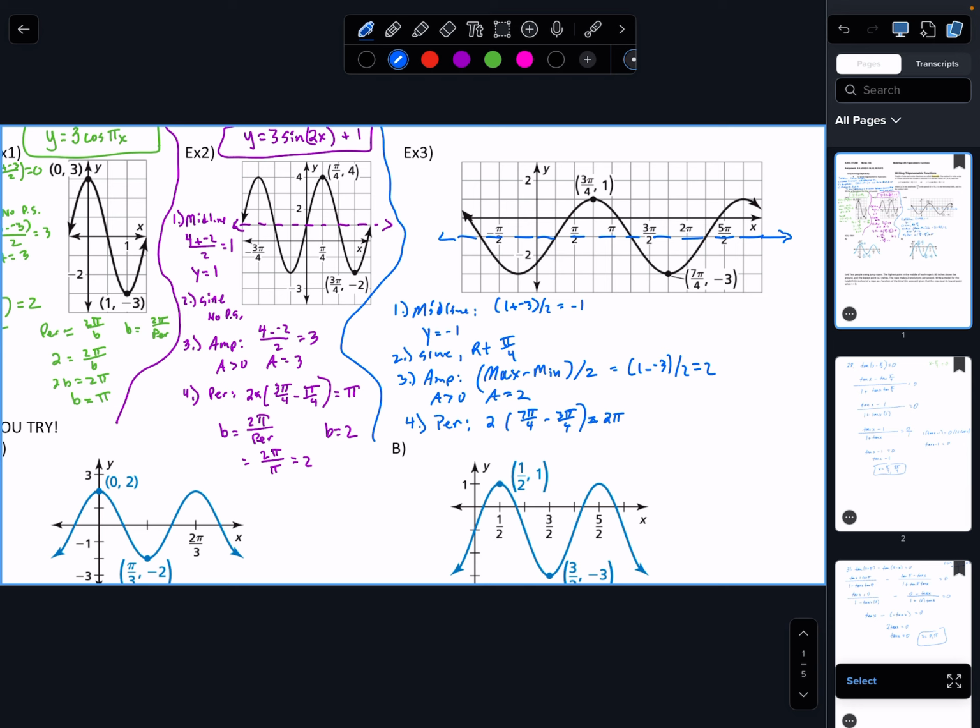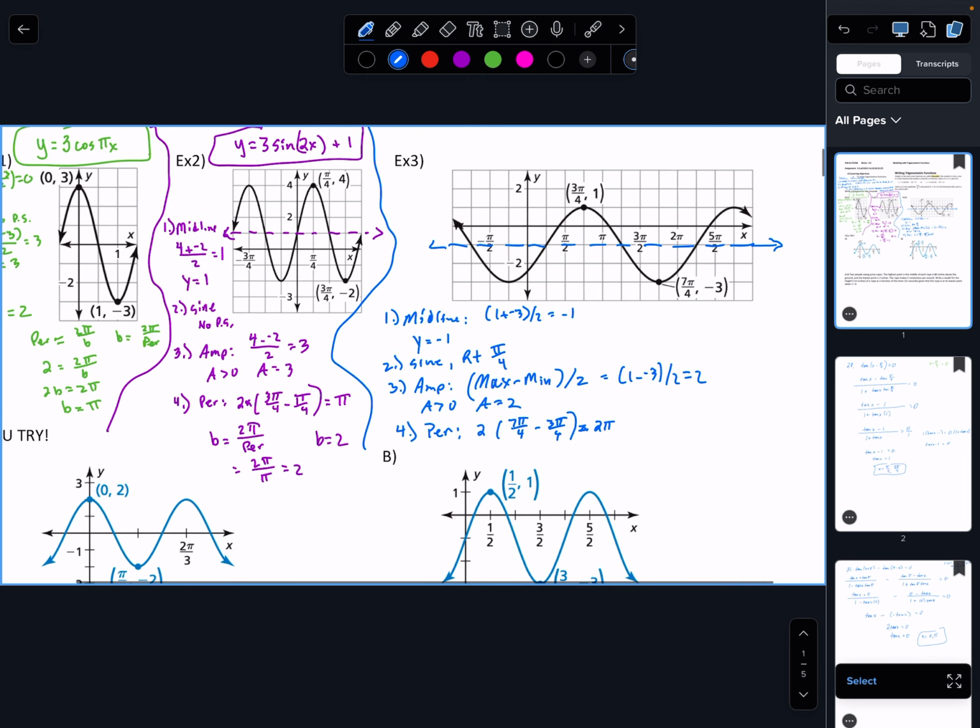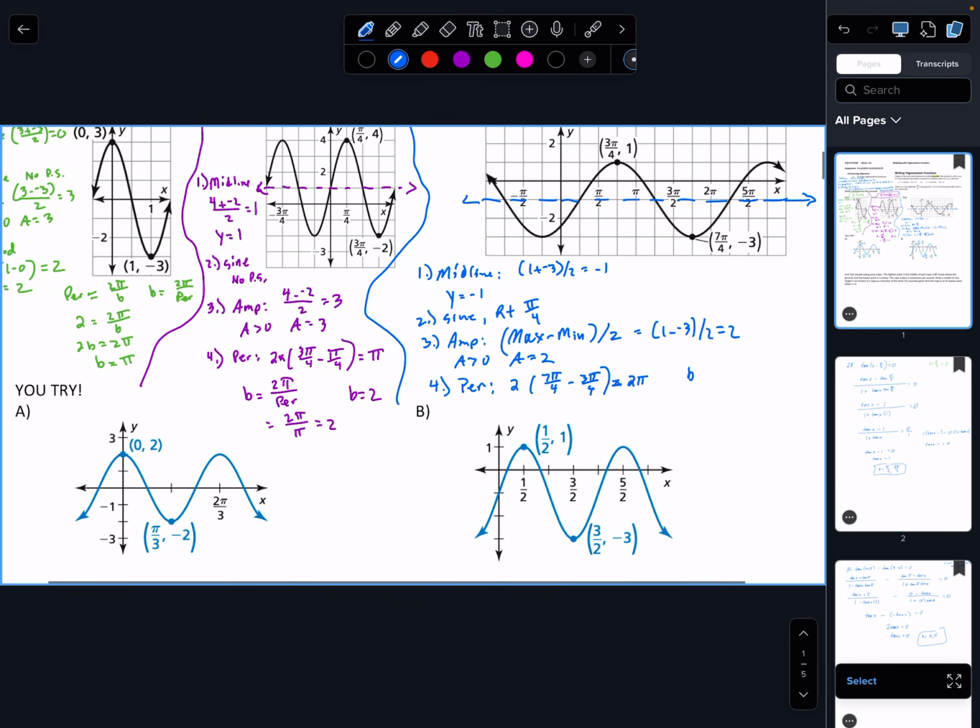Comes out to 2 pi, which is your normal period, and if you know that, b is just 1. But the calculation for b is 2 pi divided by the period. So it's 2 pi divided by 2 pi, and it is 1. b is 1.